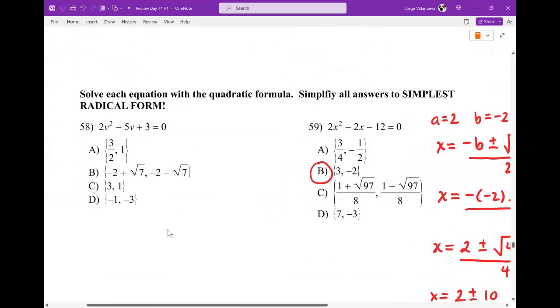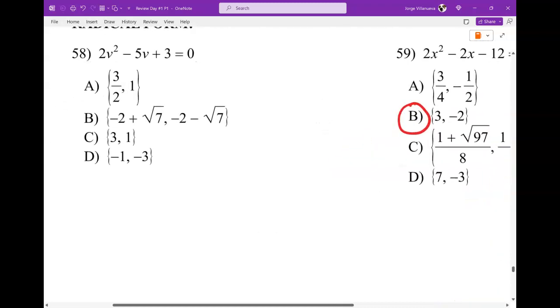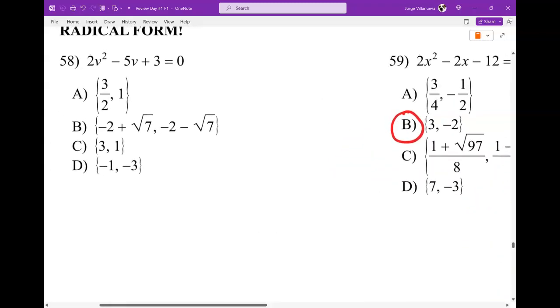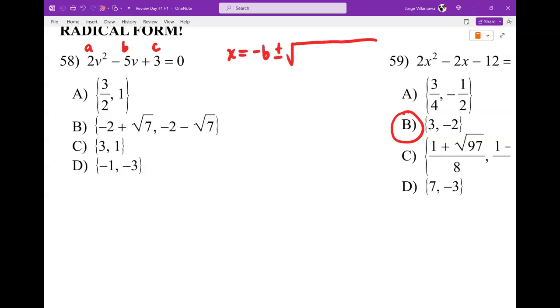We already did 59. 58 says use the quadratic formula, so we're going to have to do the formula here. So I need my ABCs, so a is 2, b is negative 5, c is 3. I'm going to use my quadratic formula, so x equals negative b plus or minus the square root of b squared minus 4ac, over 2a.